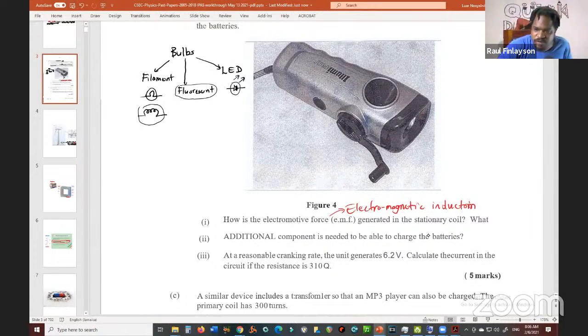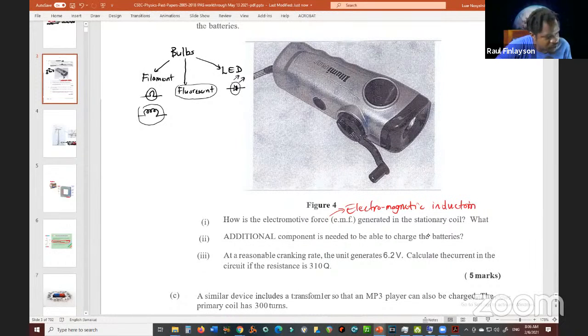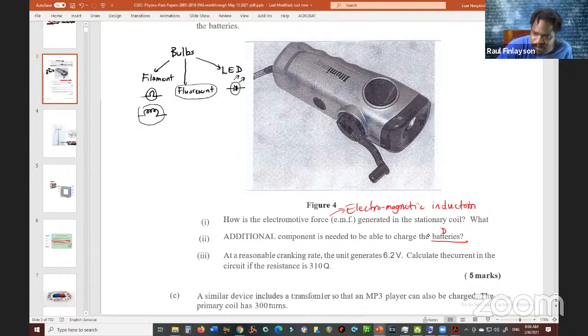So this is producing AC. Anytime a magnet is used to produce a current, it's always AC. And the battery is DC. So let's underline batteries and remember that this is a DC current.